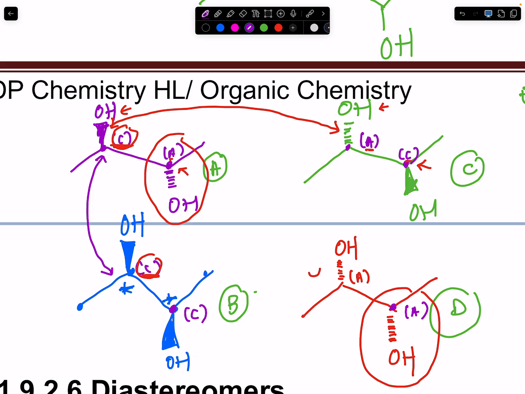So, this is wedge. This is dash. Correct? Wedge means coming towards you. Dash means going away from you. So your enantiomeric pair, okay, will be dash and wedge. So purple and green are enantiomers of each other.